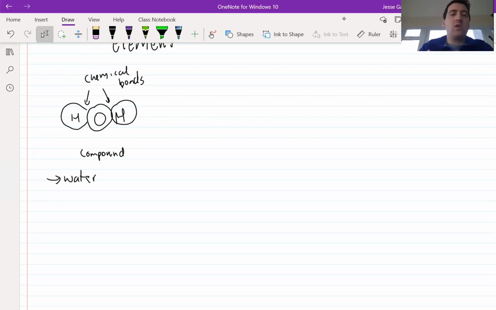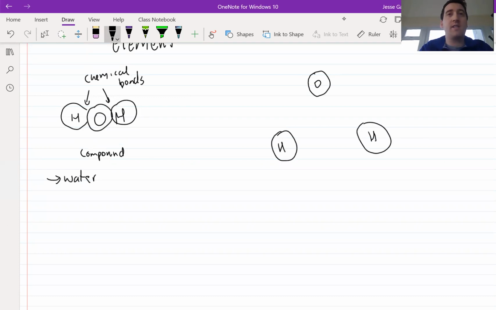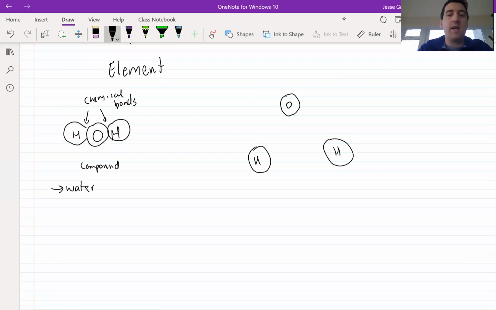But I could also have these same 3 atoms, oxygen, hydrogen, and another hydrogen. I could have these same 3 atoms in a container, but here they are separate. There is no bond here. They are not touching, or there's no lines connecting them.